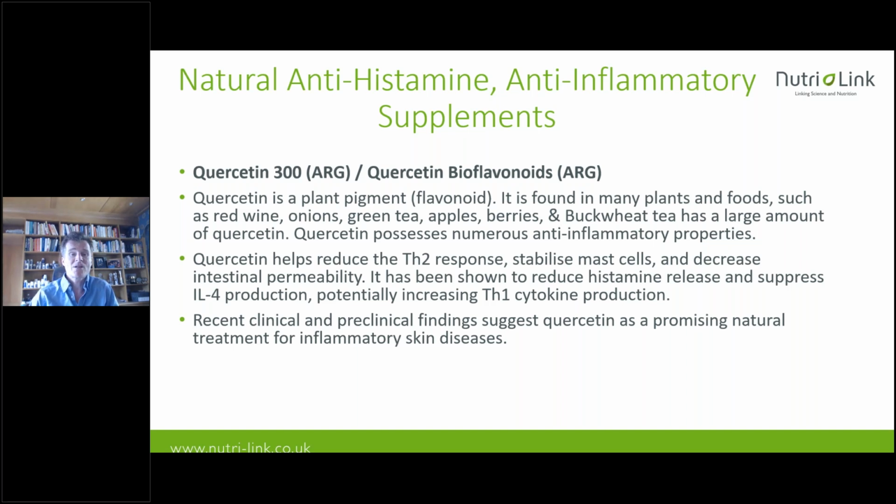It's also shown to reduce histamine release and suppress interleukin 4. Remember, that was the cytokine associated with Th2 activity, and potentially increasing Th1 cytokine production to create that balance in Th1, Th2. Quercetin's also been found to be good for inflammatory skin conditions, not surprisingly given its attributes.